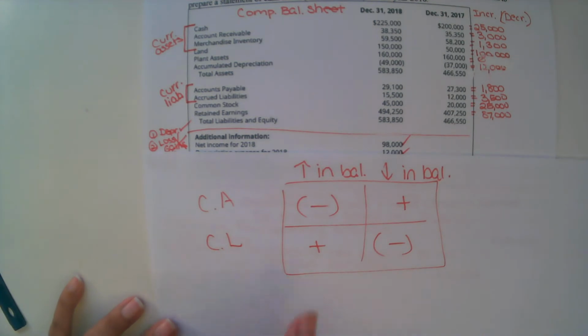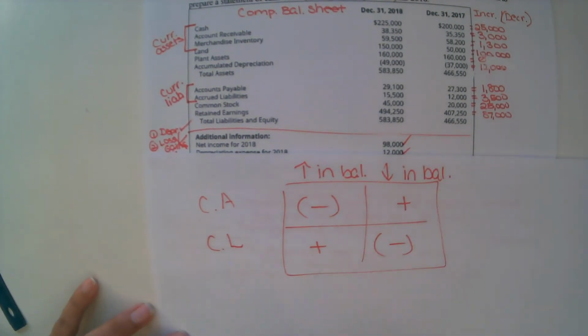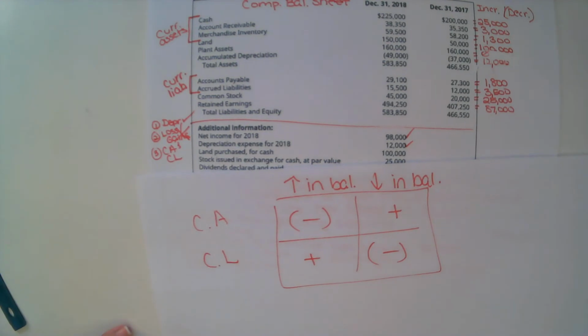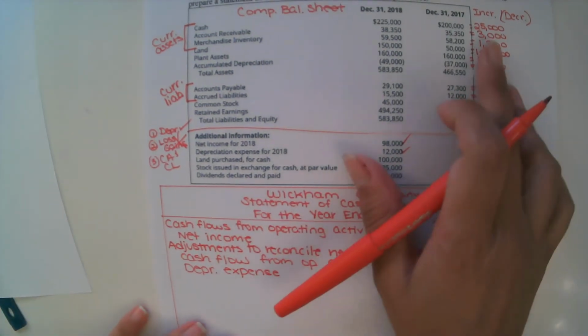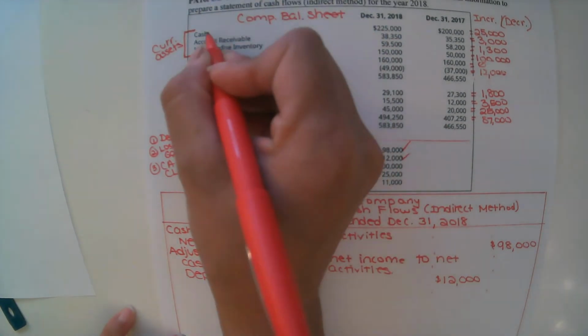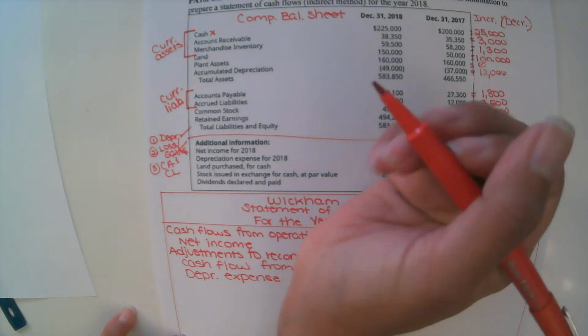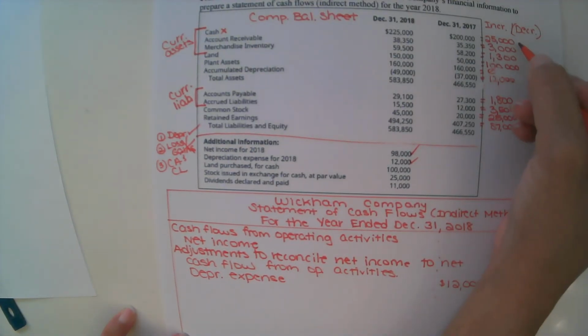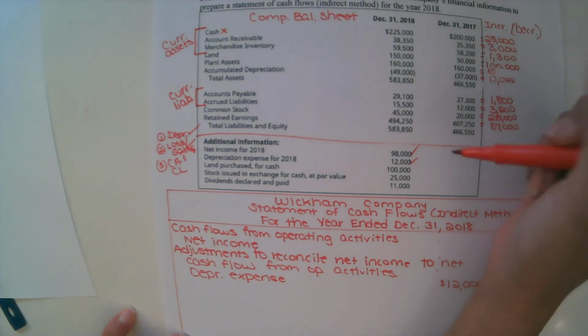I think students do use this because sometimes when I would get quizzes or exams, I would see students have jotted that in the corner. So I think it's helpful for you guys. We're going to really use that matrix now for this adjustment. We've already identified the change, right? So now we're just going to write down the account and the direction of its change. The interesting thing is we're not going to do cash because we're trying to prove cash. If we do this right, this will actually serve as a check figure for us. So exclude cash from your adjustments.